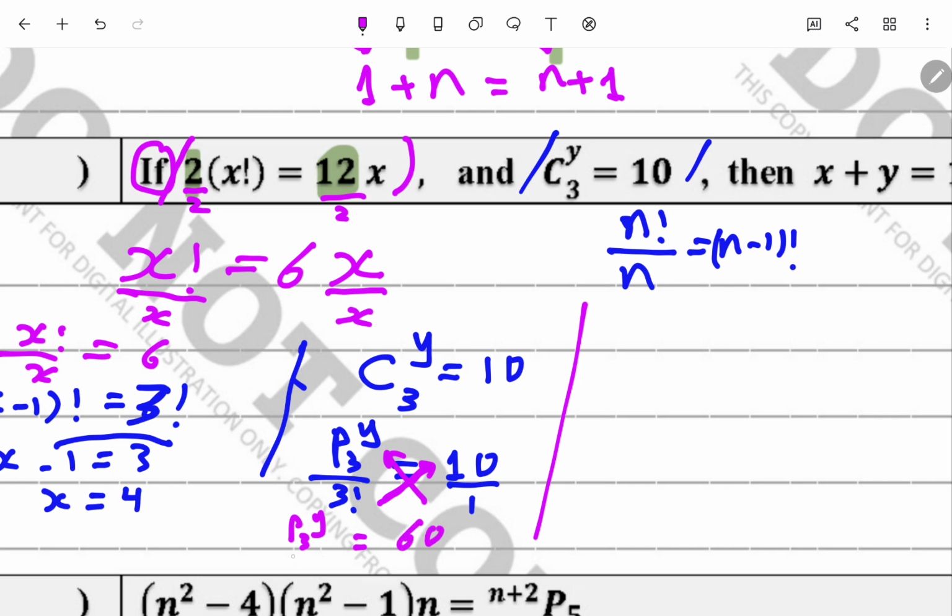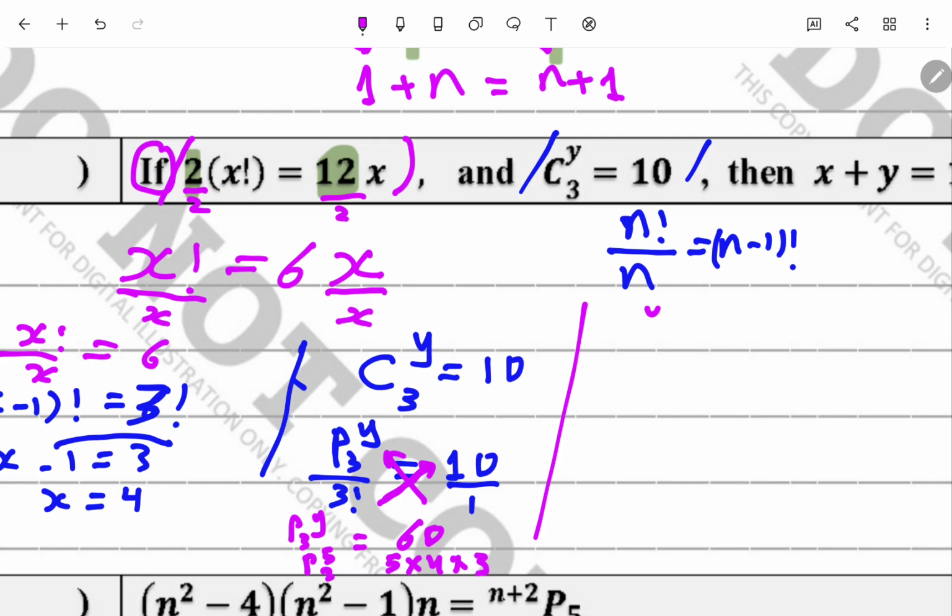Think about 3 factors that will give you 60. We can think about 5, then 4, then 3. If you multiply these, 5 times 4 gives you 20, multiplied by 3, which is 60. That means y will be 5 permutation 3.